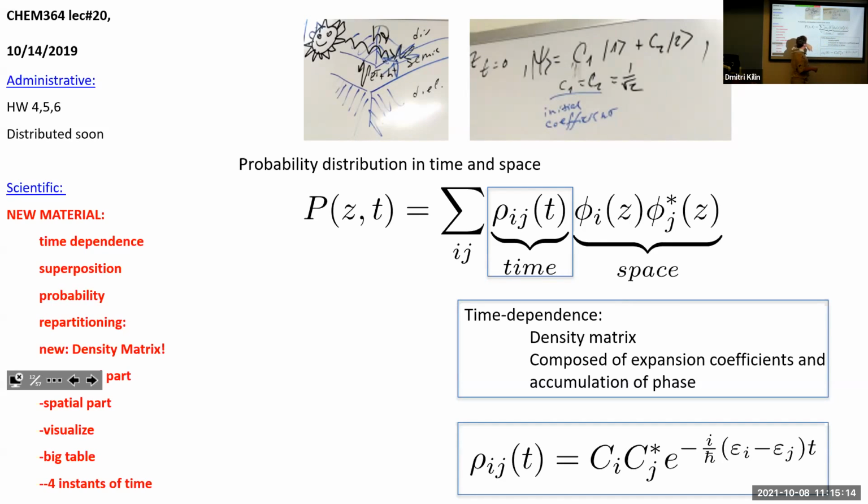And instead of wave function, we are looking at probability distribution, which includes the product of the eigenfunction with either another one or another index, and time-dependent combined expansion coefficient, which includes either one or another, and accumulation of time, which is accumulation of phase, which is proportional to the energy difference between these levels.